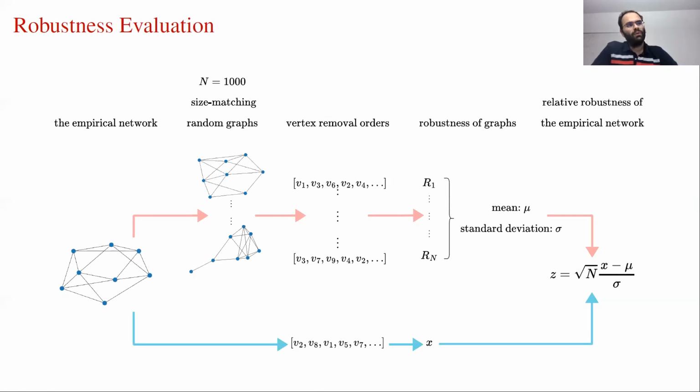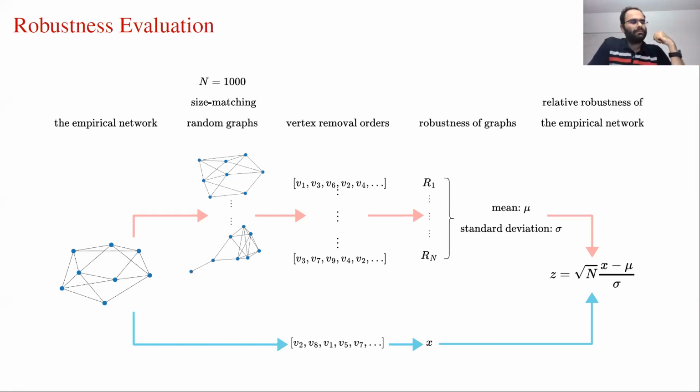And then for a given vertex removal strategy, let's say targeted attacks, we compute the vertex removal orders for each of the generated random graphs, as well as for the empirical network we are looking at. And then given a graph and a vertex removal order, we can see what is the average fraction of vertices that remains in the largest connected component during the course of removing these vertices one by one.